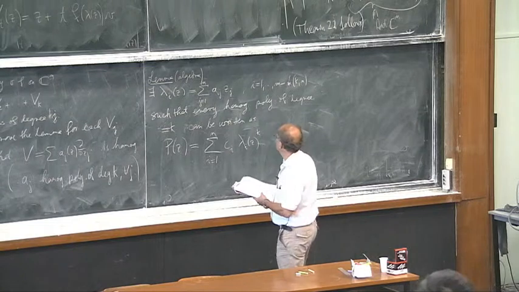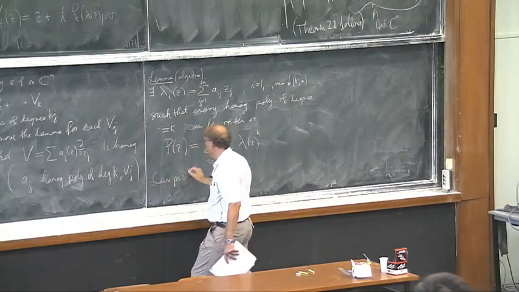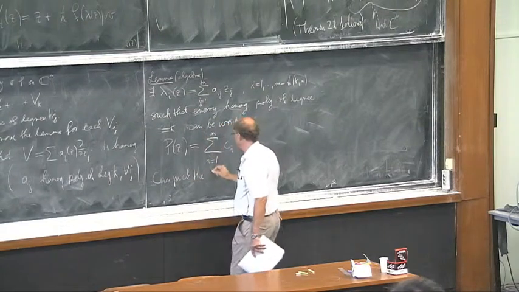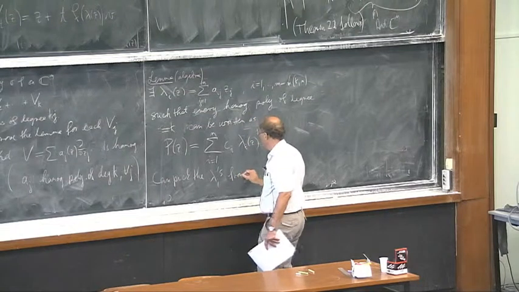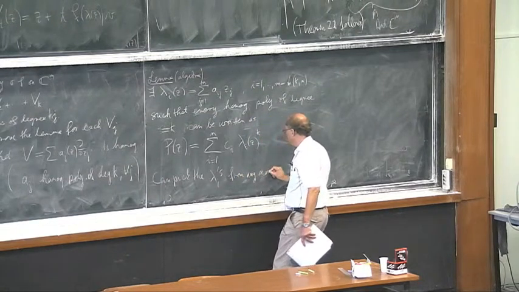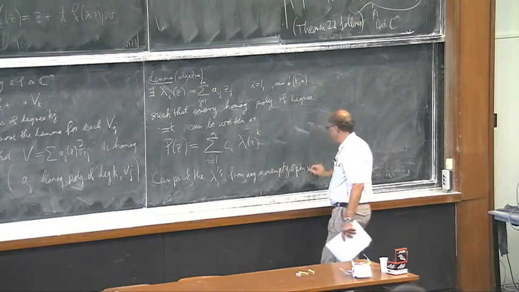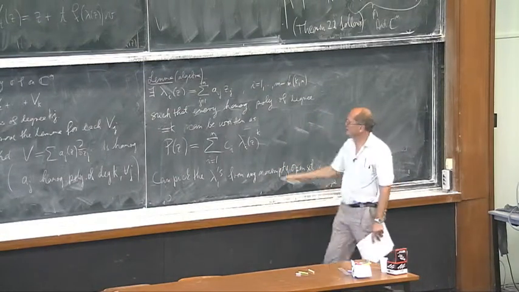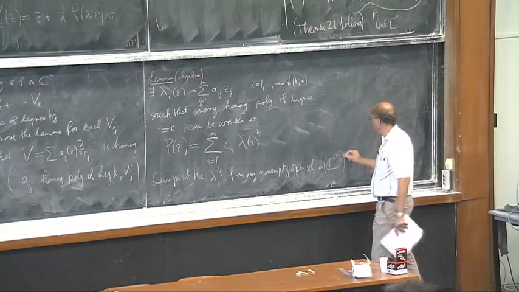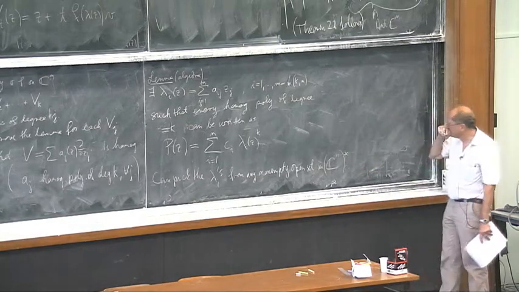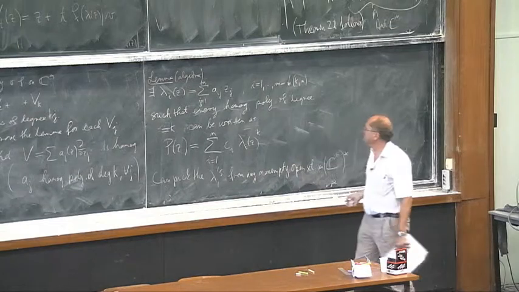And in addition, you can pick the lambda i's from any non-empty open set. Since they are functionals, I can think of them as elements of the dual space, Cn dual. So that means in any small cone you can pick them.